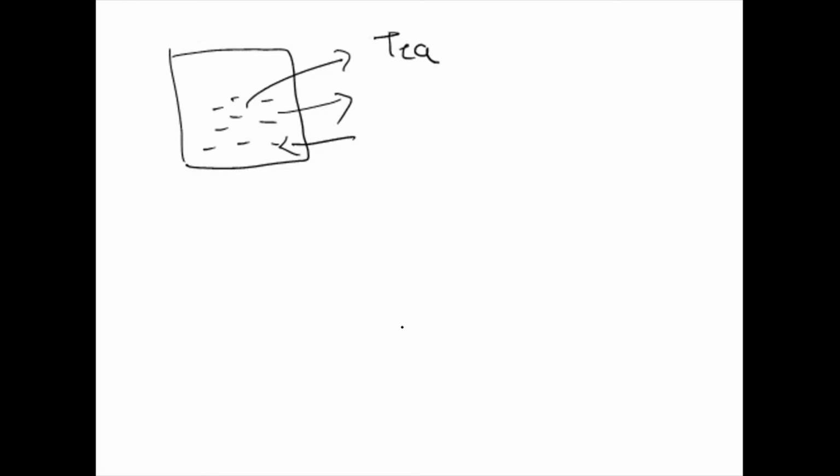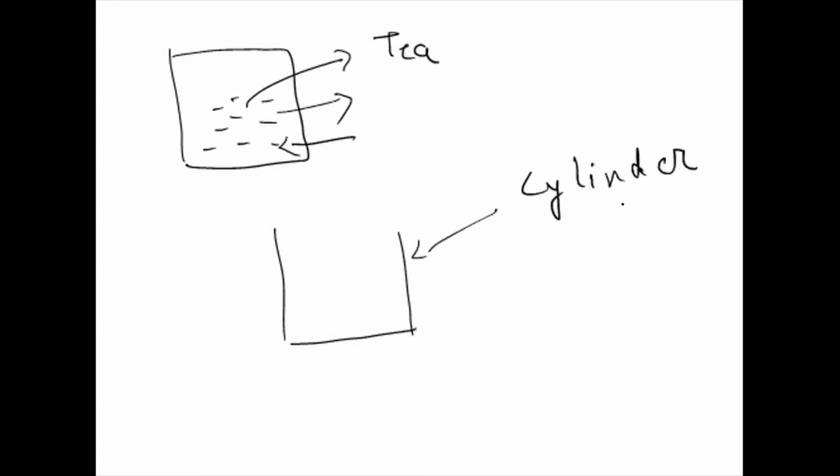There are a few more examples that we can take. A piston cylinder arrangement in which we have a fluid or gases. Let's say this is our cylinder, and in that cylinder, we have a piston which can reciprocate backward and forward. And here we have the gases or the liquids.